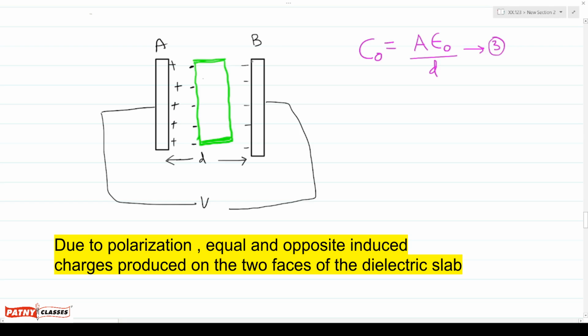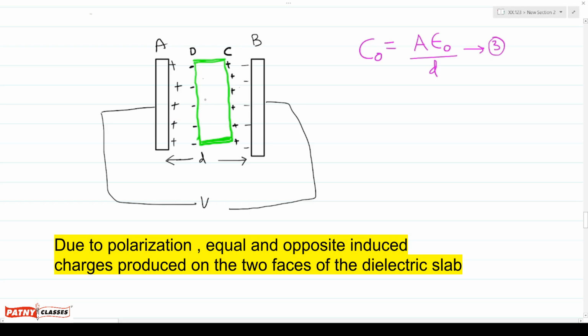On plate B there is a negative charge, so here the positive charge will be induced. Call this end C and here is D. So the dielectric has positive charge at side C and negative charge on the external side at point D.